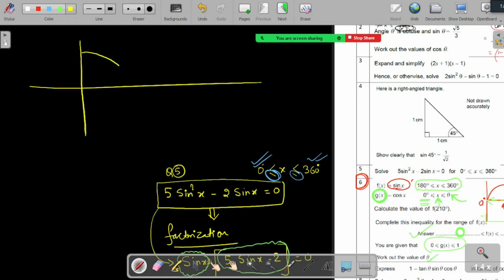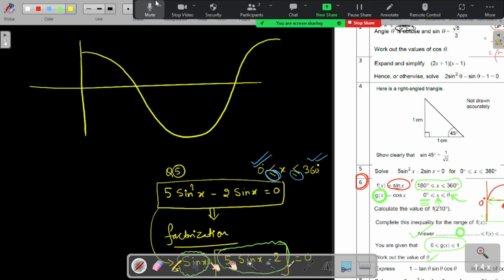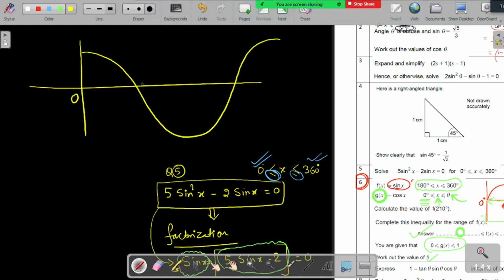So just start from this. This is 0, this is going to be 90, this is going to be 180, this is going to be 270, and this is going to be 360. Is it okay? Is there any problem in the graph of cos x?